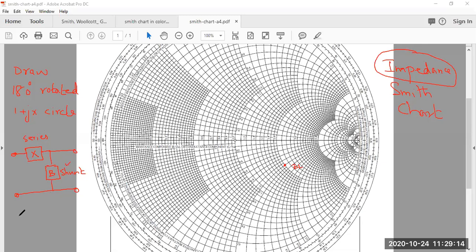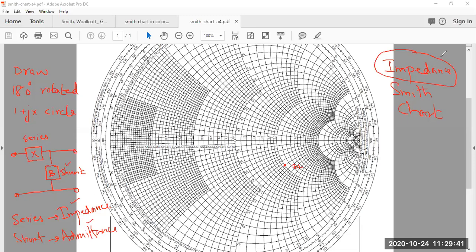So for series configuration we use impedance, and for shunt we use admittance. Because an L network consists of both series and shunt, we have to operate in the impedance mode as well as the admittance mode.